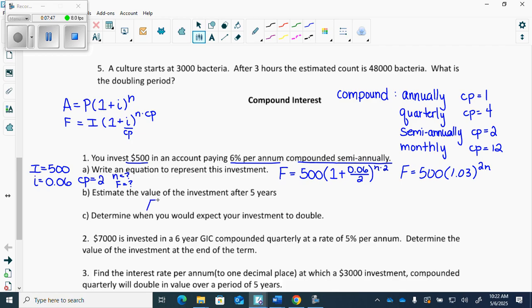Yeah. So our F is what we're solving for, and we now know our N is 5. So we're going to get 500 bracket 1.03, and then 2 times 5, which is 10. Everyone's typing it in. Writing it out, because I want to see if you actually get the right answer.